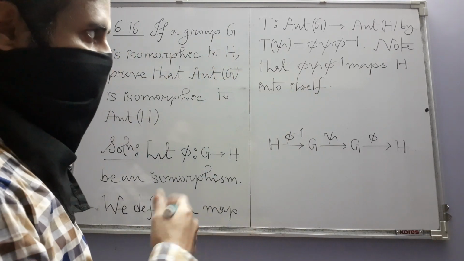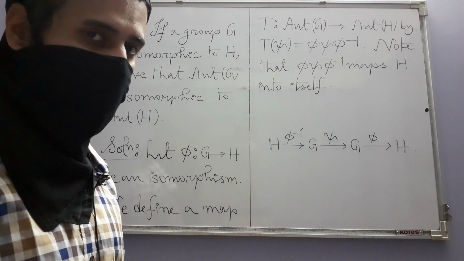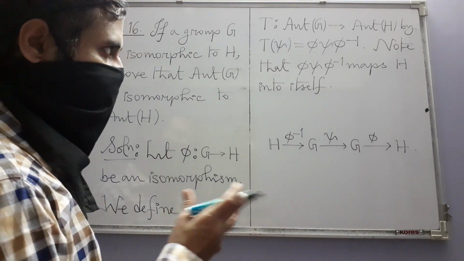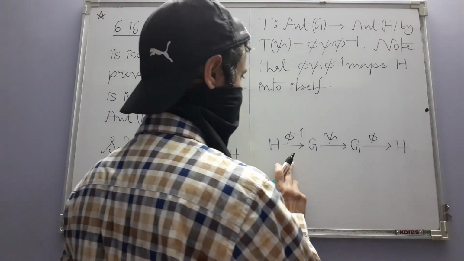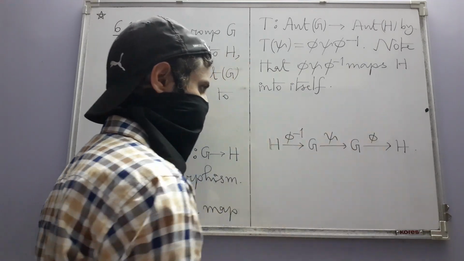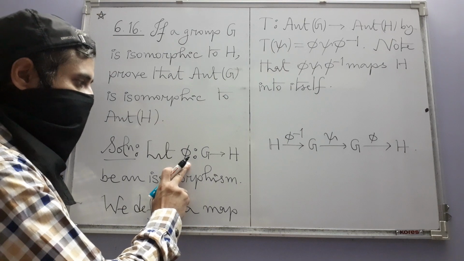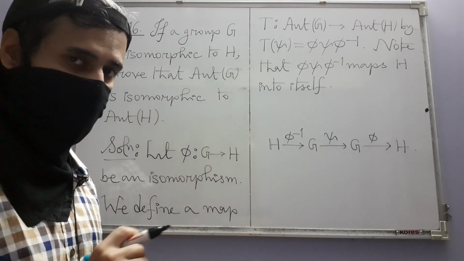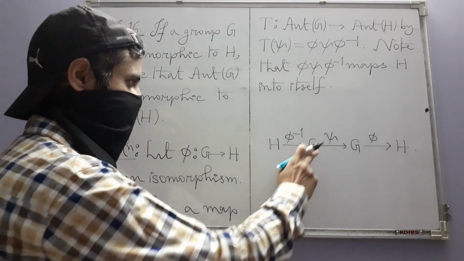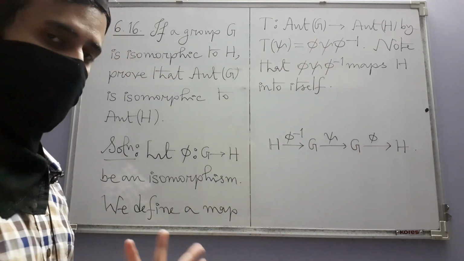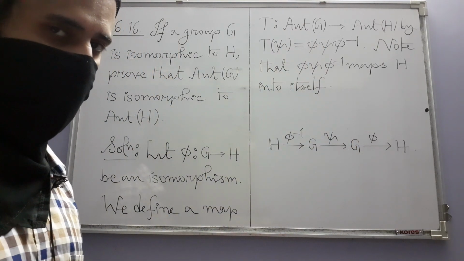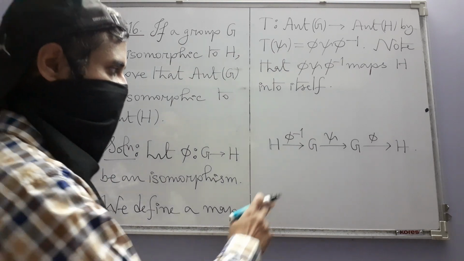And then there is one more thing that we can immediately say from properties of functions and their compositions. Because we know that phi is an isomorphism, that means it's a bijection, one-to-one and onto. And psi being an automorphism of G is also after all an isomorphism, so it's a bijection as well.